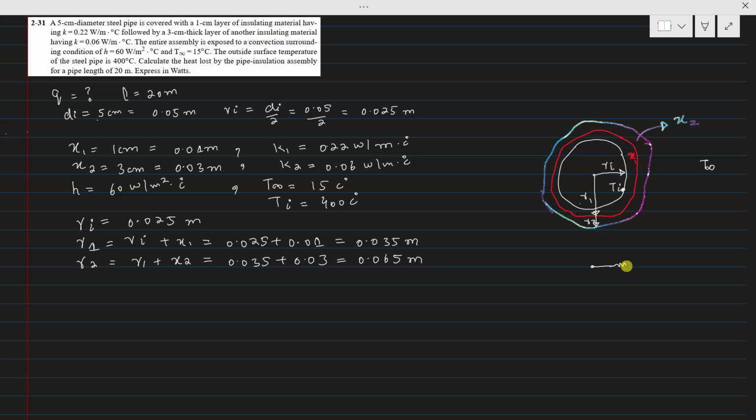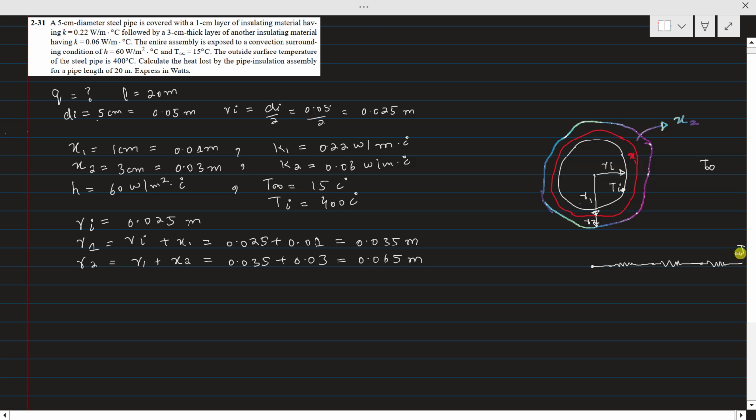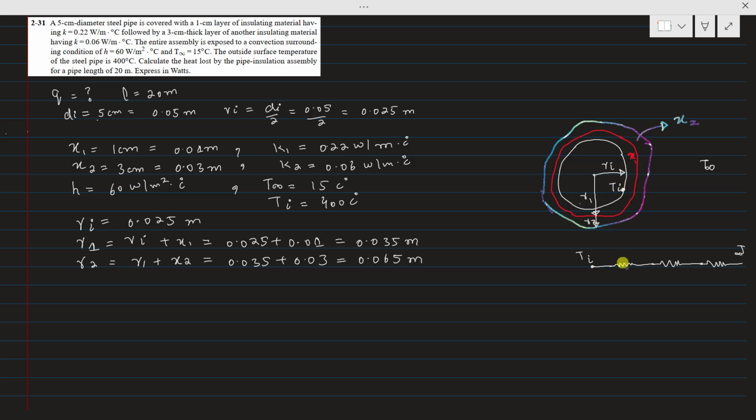So first layer resistance to the heat transfer, then second layer resistance, and then the convection heat transfer resistance outside, and then finally T outside, and this is the surface temperature of the pipe. So this is R1, the resistance offered by layer 1 of the insulation, layer 2 resistance, this is R3, and this is the convection resistance outside this pipe.